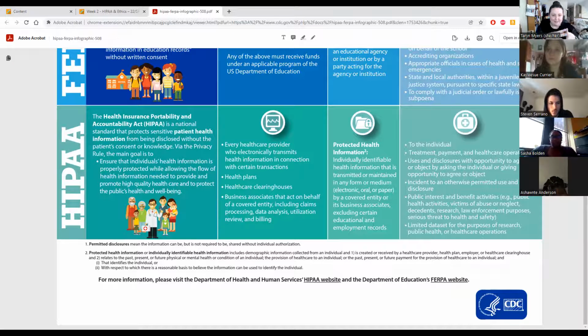When I was pregnant, I had gestational diabetes. So I worked with my primary care doctor and then also with a specialist. And the two of them were from different health systems. So I was able to sign a release and they were able to talk to each other and share information to best coordinate my care. And others of you have probably had similar experiences.